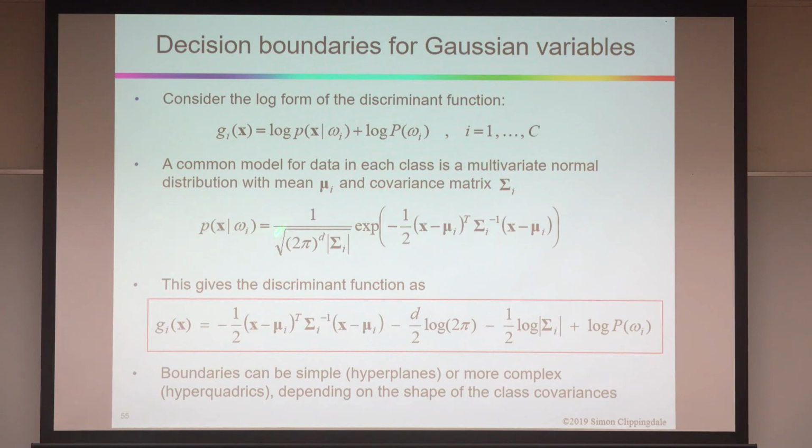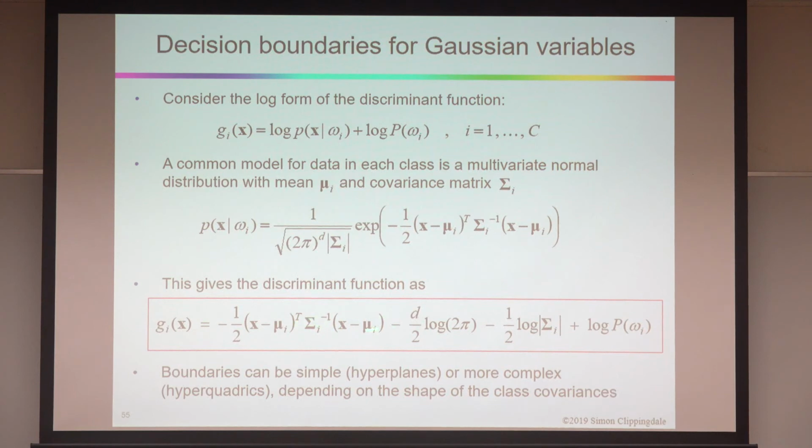So if your likelihood function for the ith class looks like this, then the discriminant function, which we've defined up here, is going to look like this. When we take the log, the exponential disappears, and we end up with this quadratic product. This is the input vector minus the mean, and this is the inverse of the covariance matrix for the ith class.